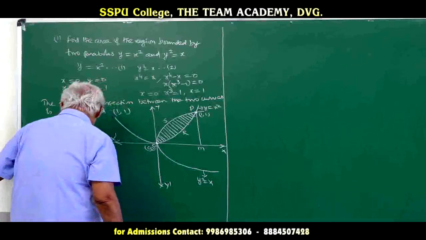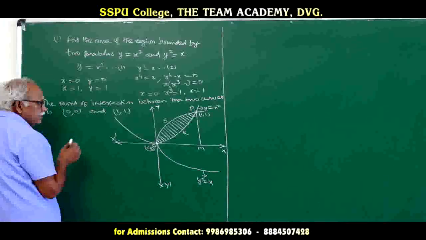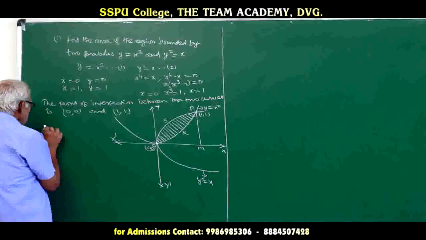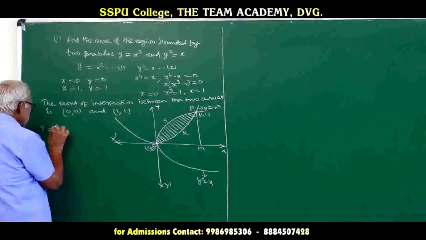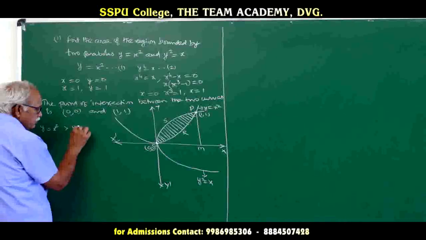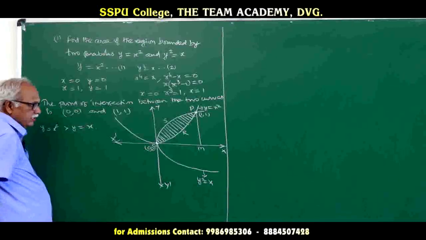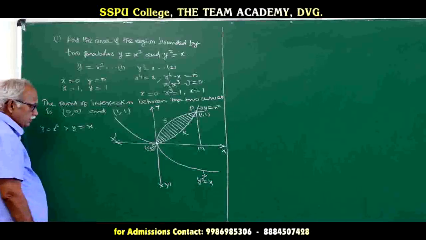Now, we will see here which one is greater. So, y is equal to x square is greater than y is equal to x, so x square is greater than x here because of positive values.